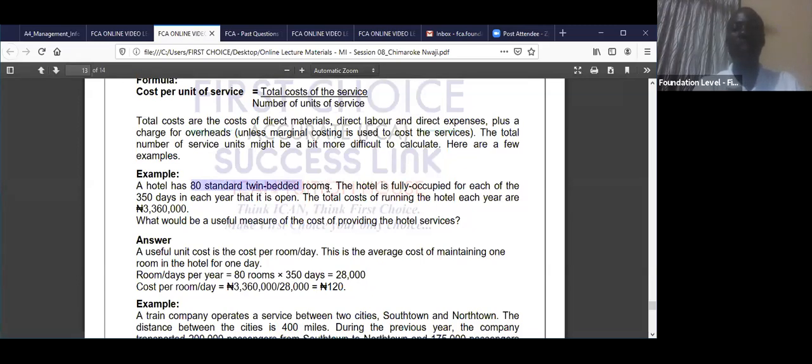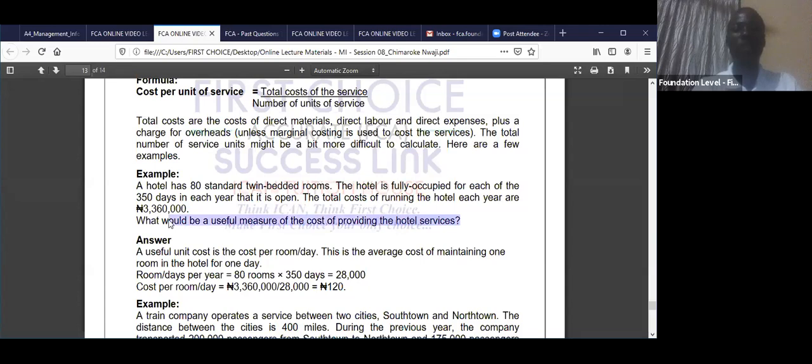So there are 80 rooms here. The hotel is fully occupied for each of the 350 days in each year it is open. So every day, these 80 rooms are occupied. The total cost of running the hotel each year is 3,360,000.